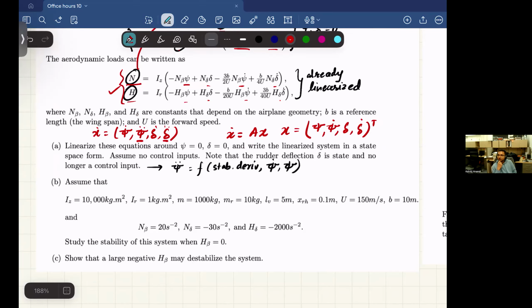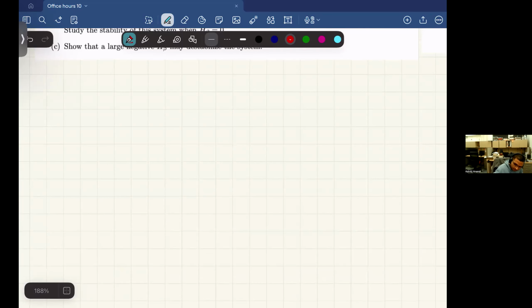So, let's say I had x double dot plus 2 zeta omega n x dot plus omega n square x equals 0, right?